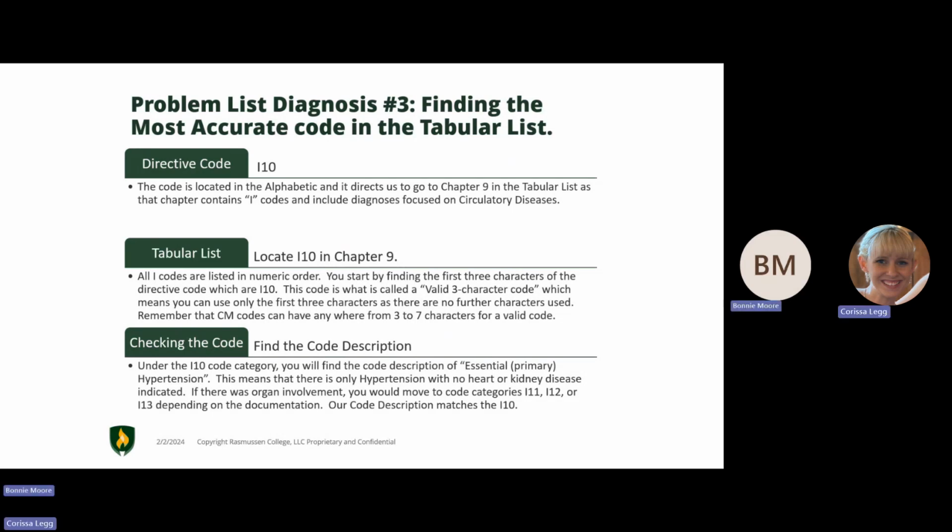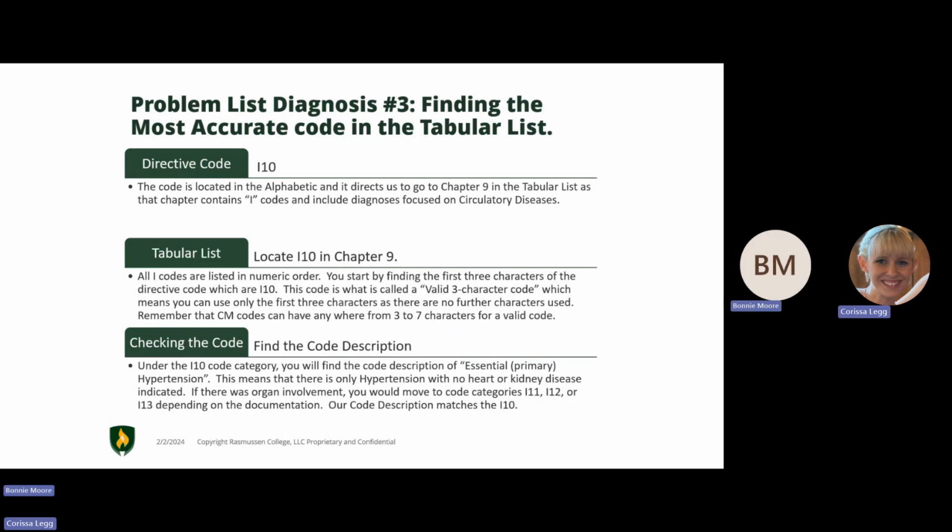Here, we again start with those first 3 characters. This code, however, is what's called a valid 3-character code, which means you use only those first 3 characters. No further characters are used.